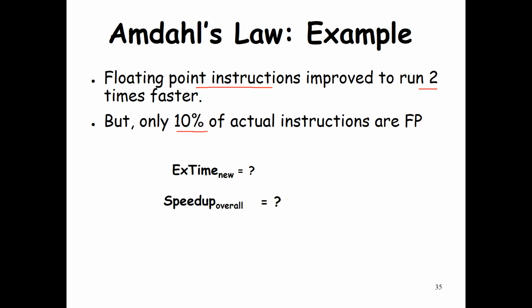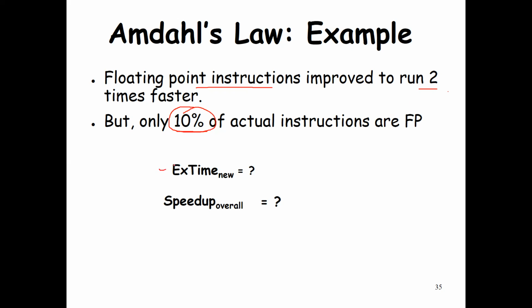Generally, if you take a typical program, the amount of floating point instructions will be only 10%. But we have made some improvement in the floating point instructions, which improves the runtime to 2 times faster.